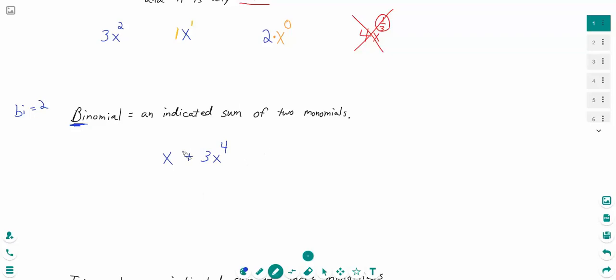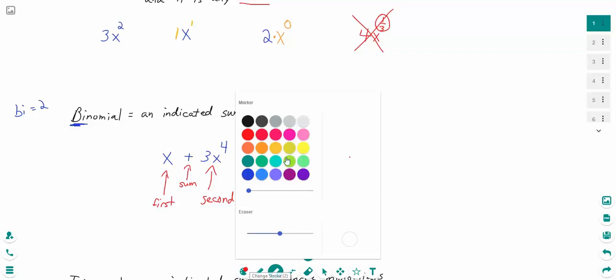These would both be monomials. In this case, there are 2 monomials. Here is number 1, the first one, and then here is the second one. We have 2 monomials, and they are being added. There's a sum here, right? Okay, so if it's an indicated sum of 2 monomials, it would be considered a binomial. So this is, in fact, a binomial.